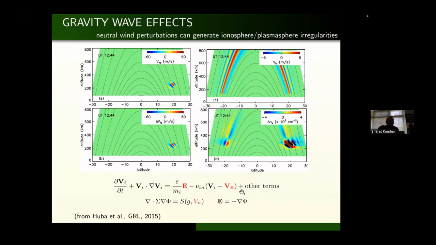The first is direct ion-neutral coupling between the ions and neutrals. And the second way is through the electric field, where when you calculate the field from the electrostatic potential, one of the drivers is the neutral wind at low latitude. So if you modify the neutral wind, you modify the potential, you modify the electric field.